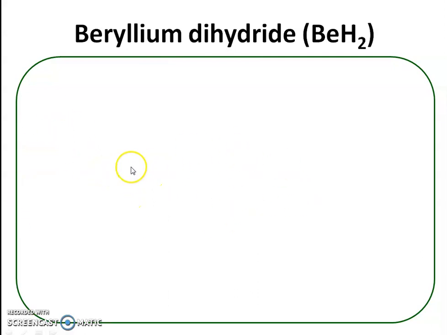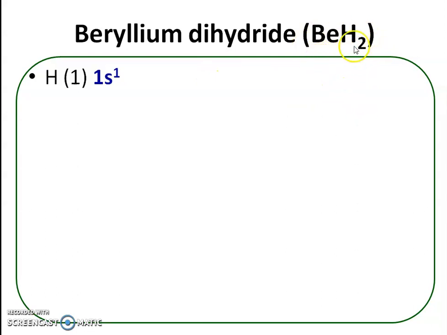Now here we are going to discuss the first example of a polyatomic molecule, beryllium dihydride, and its formation on the basis of molecular orbital theory. This beryllium dihydride is a triatomic linear molecule, and beryllium is considered as the central atom and hydrogen as the peripheral atom.